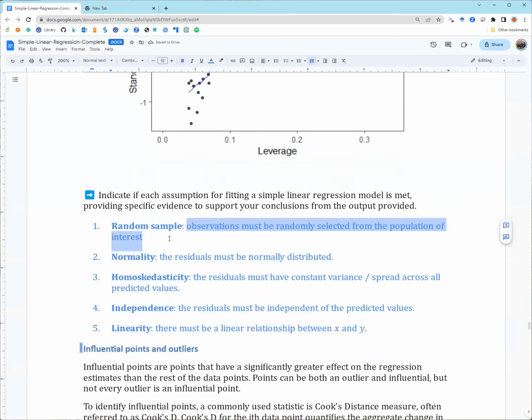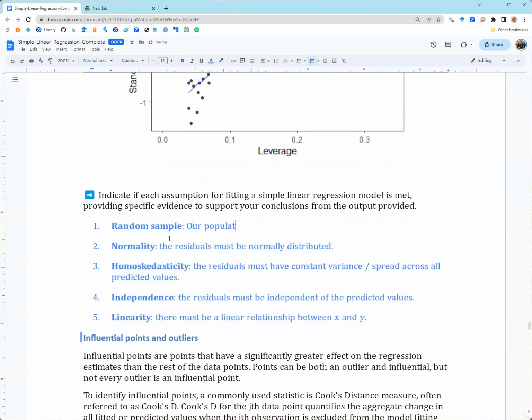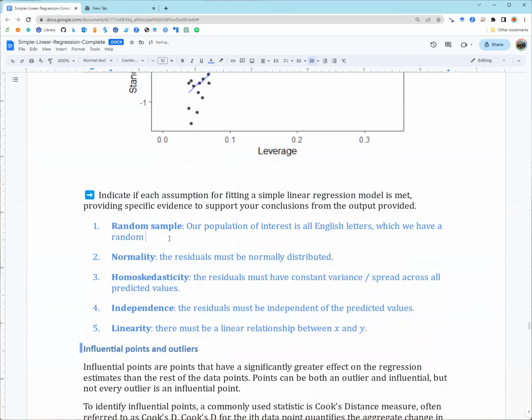Okay, so in this case, we need the observations to be randomly selected from the population of interest. Our population of interest is all English letters, which we have a random sample of. And we actually have the entire data set. So we have the entire population of data.